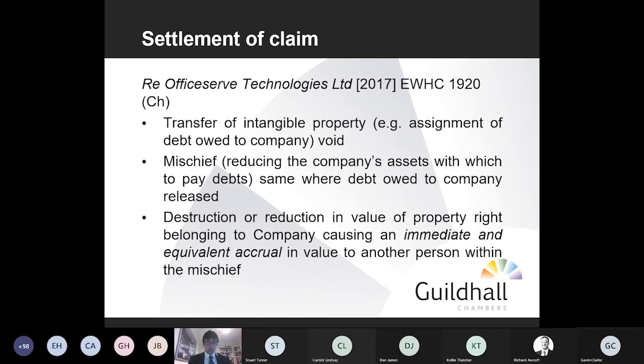And what Judge Matthews said was that the destruction or reduction in value of a property right belonging to the company, which causes an immediate and equivalent accrual in value to another person, clearly falls within the mischief that Section 127 is intended to avoid.